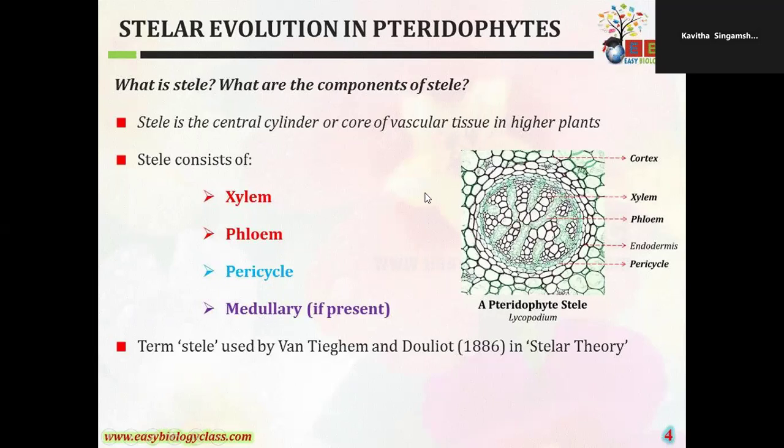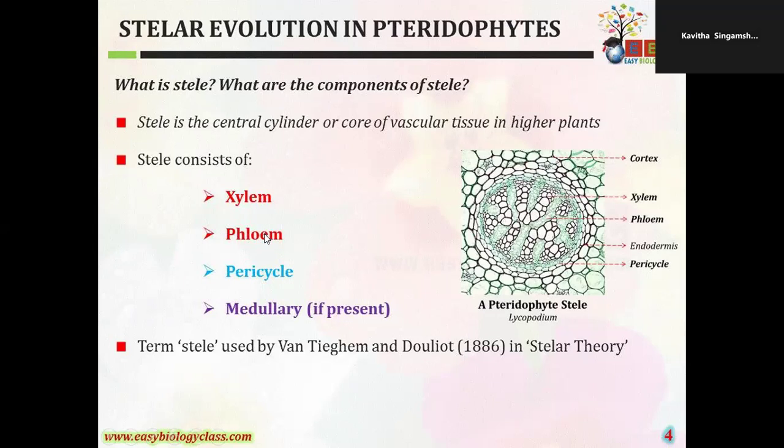As we all know, xylem and phloem are considered the vascular tissues of the plant body. The xylem conducts water from the root to the upward parts of the plant body, that is to the stem, branches, leaves, and the tip of the stem.